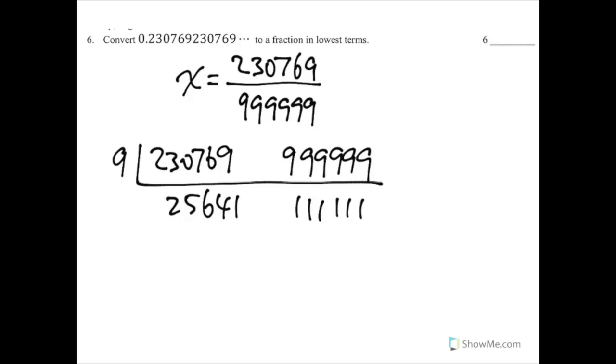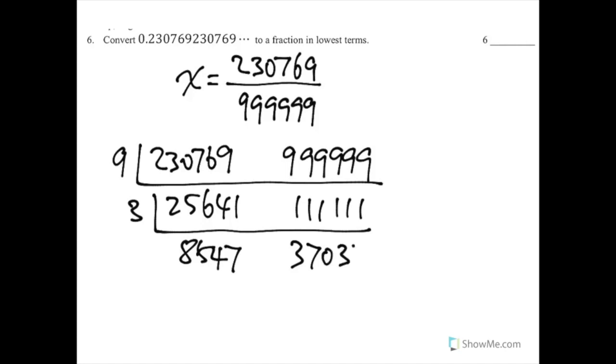We can see that we can divide out another 3 from both of these numbers. And the divisibility rule for 3 is the same as for 9. You add all of the digits and see if that is divisible by 3. And so we would get 8547 and 37037. And basically we need to continue this process.